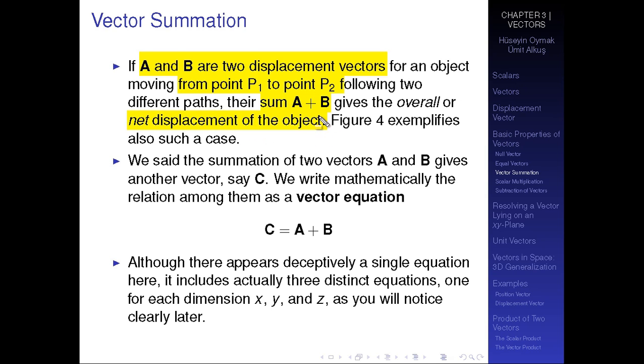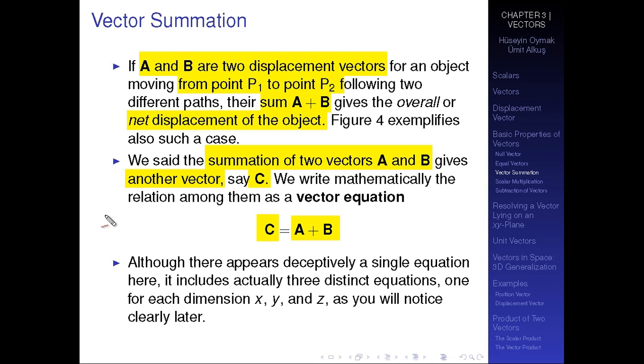In the previous discussion, we said that the summation of vectors is also a vector. And the mathematical formalism is that vector C equals vector A plus vector B. As we will cover in the next discussions, if A and B are three-dimensional vectors, then C is also a three-dimensional vector.